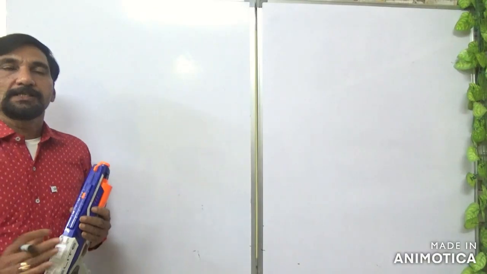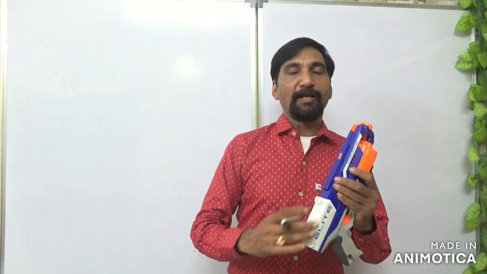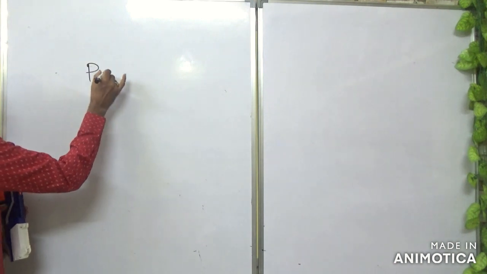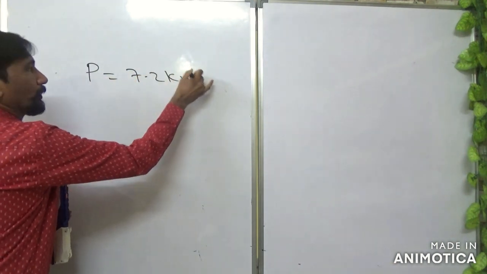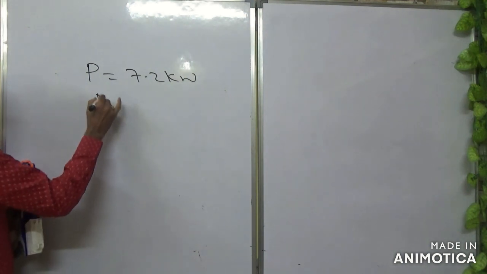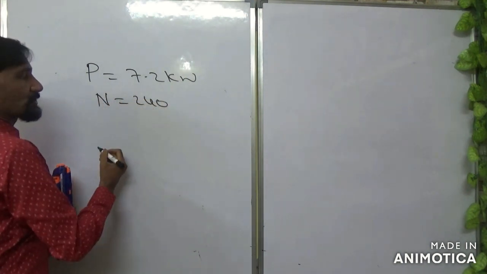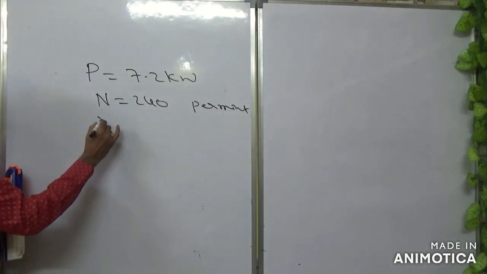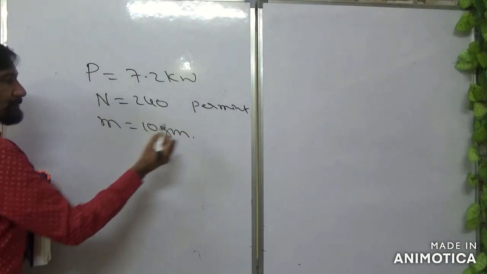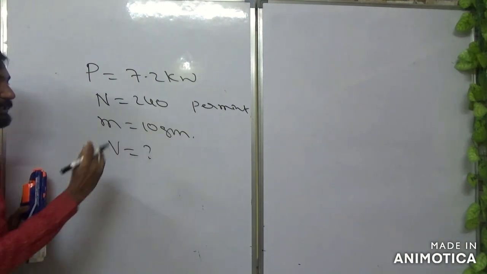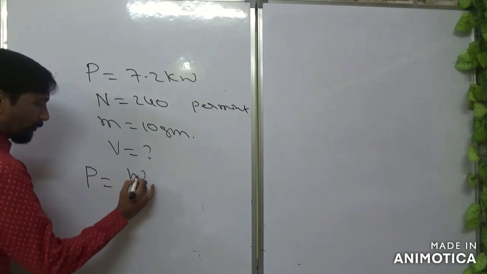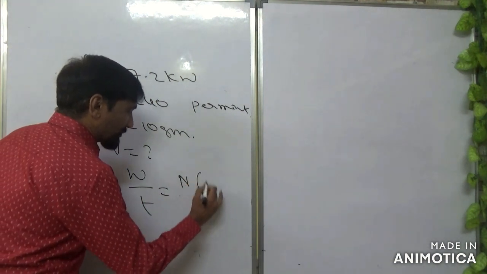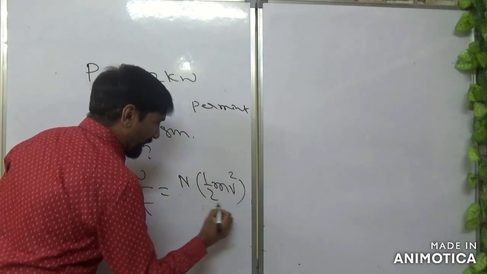Suppose you have been given another problem. There is one machine gun. In this problem, the power of the machine gun is known to you, that is 7.2 kilowatt. And this fires 240 bullets per minute, and the mass of each bullet is 10 grams. You want to know the velocity. Power is equal to work done by time taken, so number of bullets into half mv square by t.